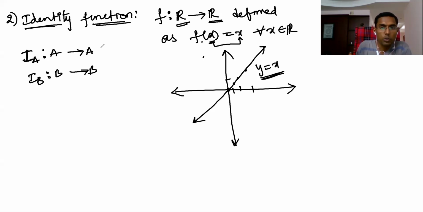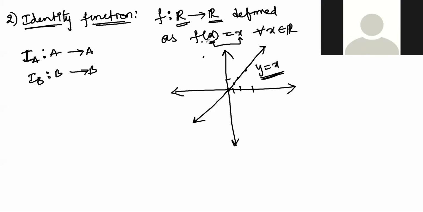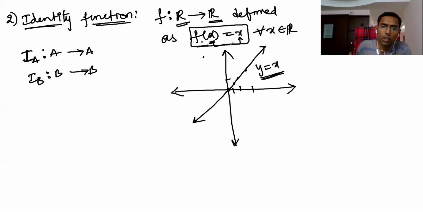Identity function, what does it mean? Whatever number you take here, f of x equal to x for all real numbers. Whatever real number, 0's image is 0, 1's image is 1 only, 0.5's image is 0.5, 0.3's image is 0.3 only. If you take 2, its image is 2 only. If you take 5, its image is 5 only.